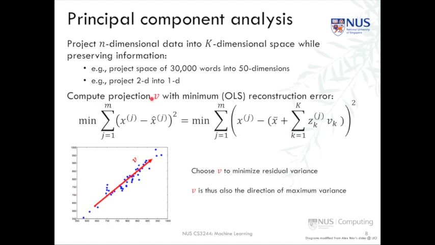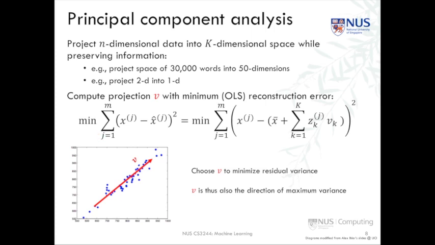The key problem that we want to do is find a projection, perhaps of multiple dimensions, that reconstructs the dataset with minimum reconstruction error. And what we mean by minimum reconstruction error is the ordinary least squares difference between the projected data point and the original over all of the data points in our set.